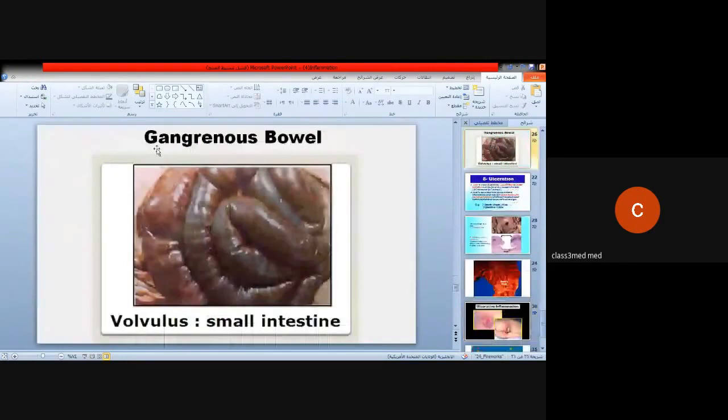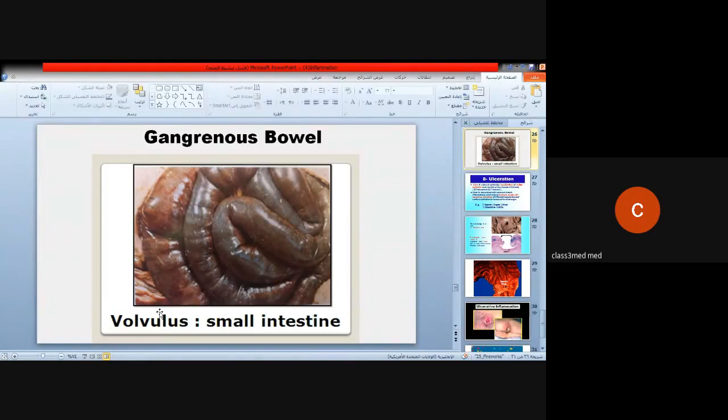This is gangrenous bowel. You see, volvulus means a twisting or torsion of the bowel on itself, causing ligation of the blood vessels at the mesentery, which supply the bowel at the root of the mesentery.